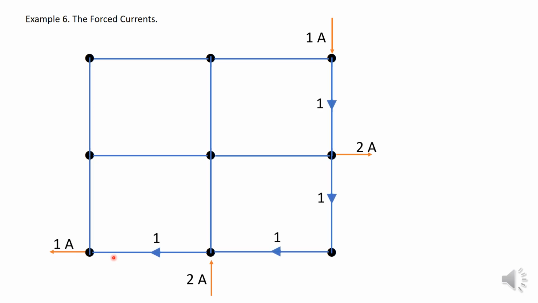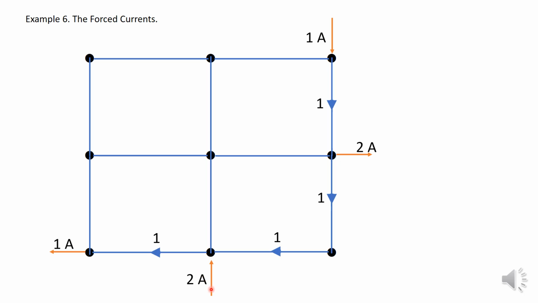So I'm going to use paths here. So this 1 amp, I'm going to pair it with this 1 amp out here. So I'm just using a path. I can use any path that I want here, but I'll just pick this path. I'll take this 1 amp and carry it along this branch, along this branch, along this branch, along this branch, and out.